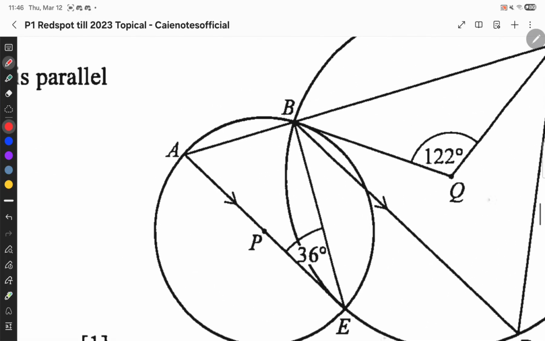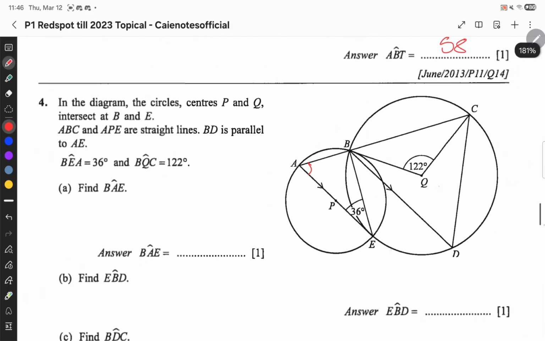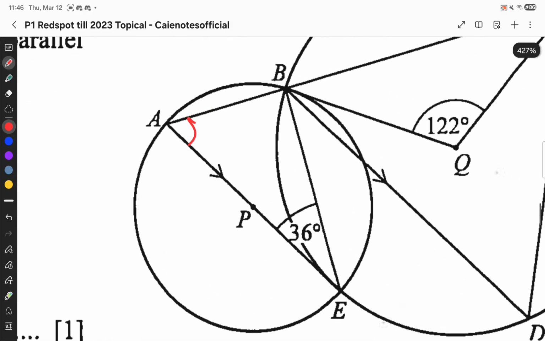BAE. What are we not given? We know APE is a straight line, and the center is P. If P is a center and this is a straight line, then this is 90 degrees.